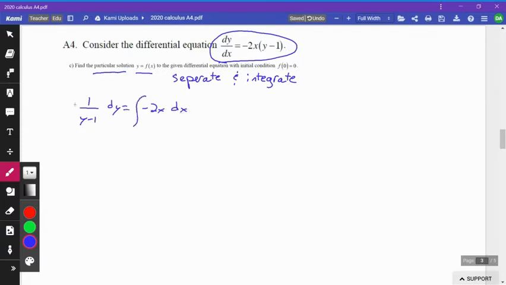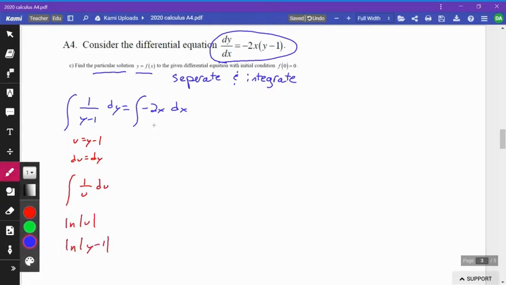And I want to integrate both sides. Here, I'm going to let u equal y minus 1, du equals dy. So this integral is going to turn into 1 over u du, which is ln of the absolute value of u. So it's the ln of the absolute value of y minus 1.